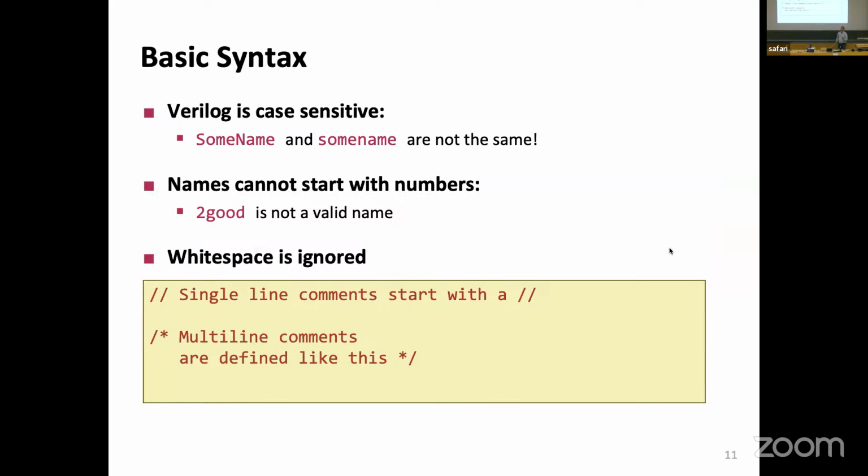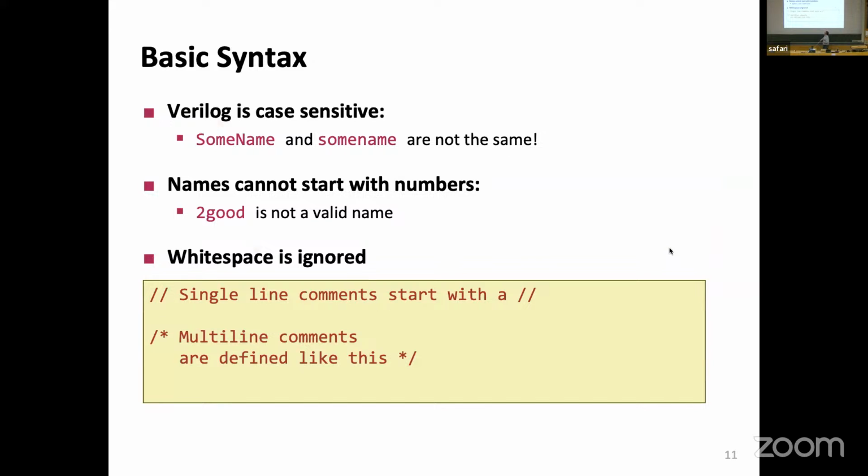So some of the basics, just to reiterate, we covered this before. Verilog is case sensitive. Whatever is in Verilog is the opposite in VHDL, which is case insensitive. So if you write it all small or camel case, they are different. You're talking about different things.